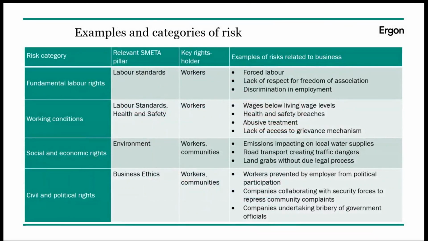So in terms of thinking about different risk categories, if we go a bit deeper into the types of risk. I said a moment ago that we've got these various international conventions and agreements, but they are set at a very high level.